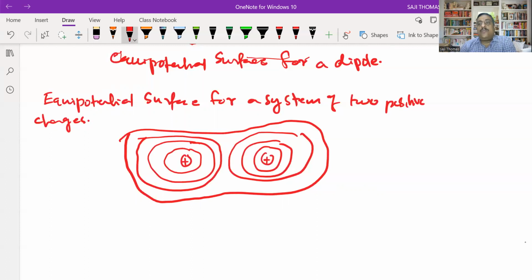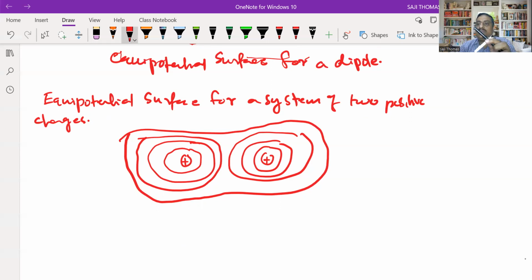Now we can learn the properties of equipotential surfaces. Two equipotential surfaces never intersect. What is the reason? If two surfaces intersect, then there will be two directions for the electric field at that point, which is not possible. Second property: the electric field is always perpendicular to the equipotential surface.